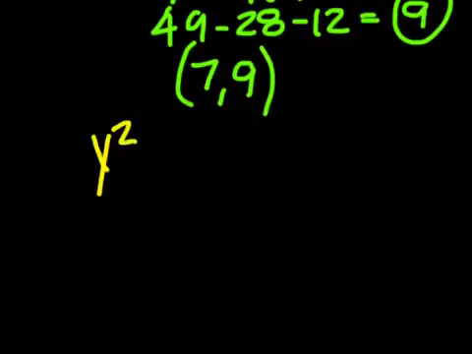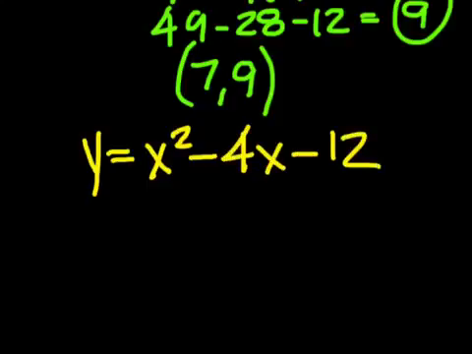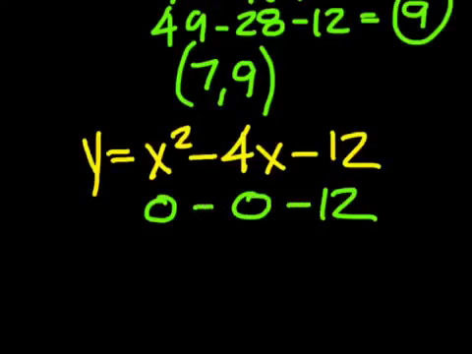So y equals x squared minus 4x minus 12. I said y squared again, three times in a row. And we're going to plug in 0. So 0 minus 0 minus 12, because these will just cancel out when you put zeros in them.